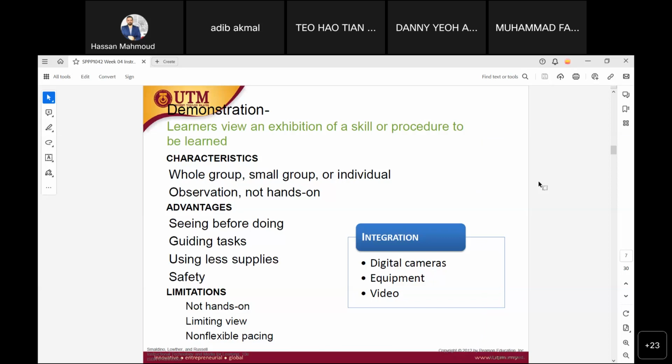For example, if I want to teach my students how to teach for the first time as future teachers, they are not familiar, maybe they are frightened, they are scared to teach. I can show them a video, right?